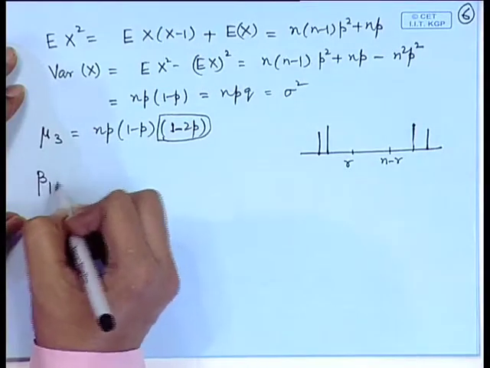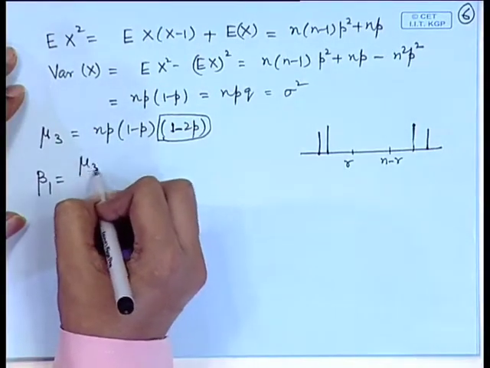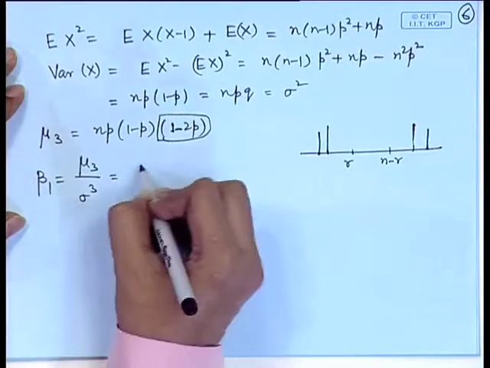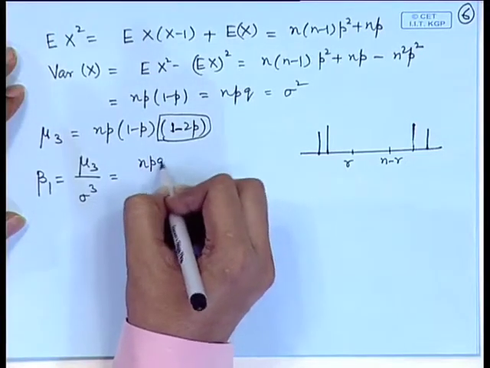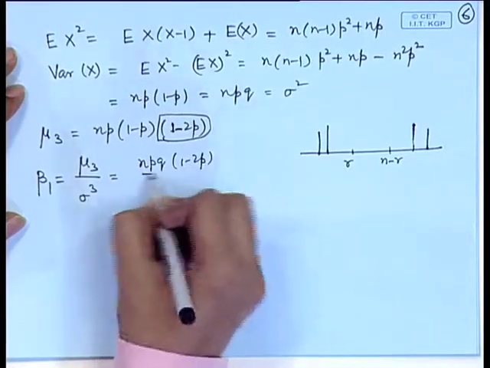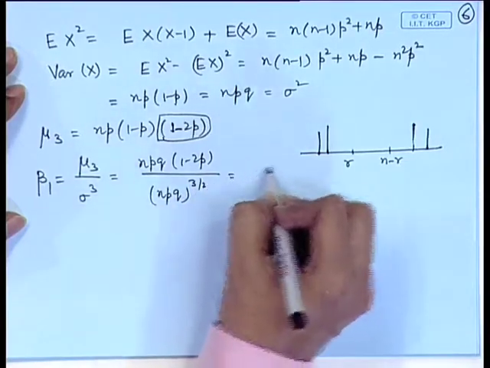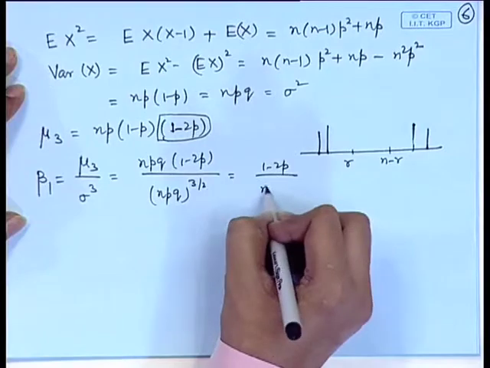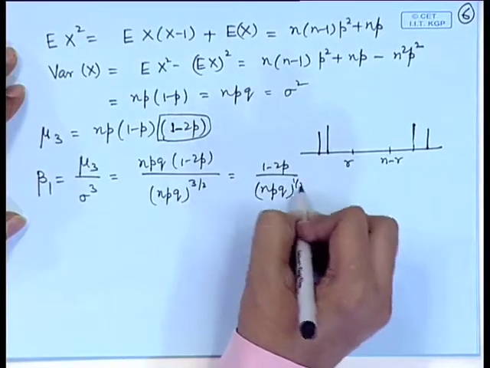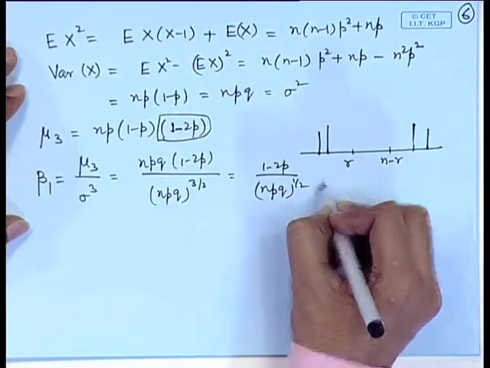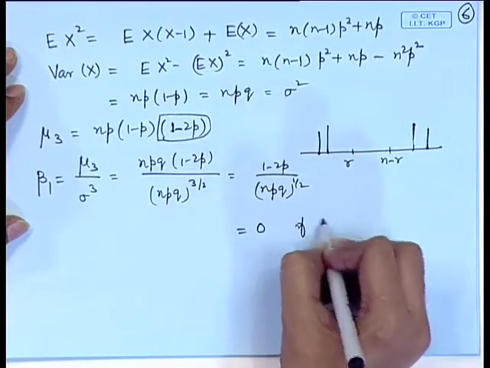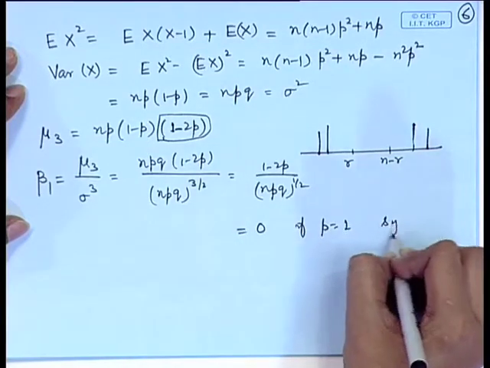So, if we write down beta 1, that is mu 3 divided by sigma cube, that is equal to n p q into 1 minus 2 p divided by (n p q) to the power 3 by 2, that is equal to 1 minus 2 p divided by (n p q) to the power half. Then this is equal to 0 if p is equal to half, that means a symmetric distribution.